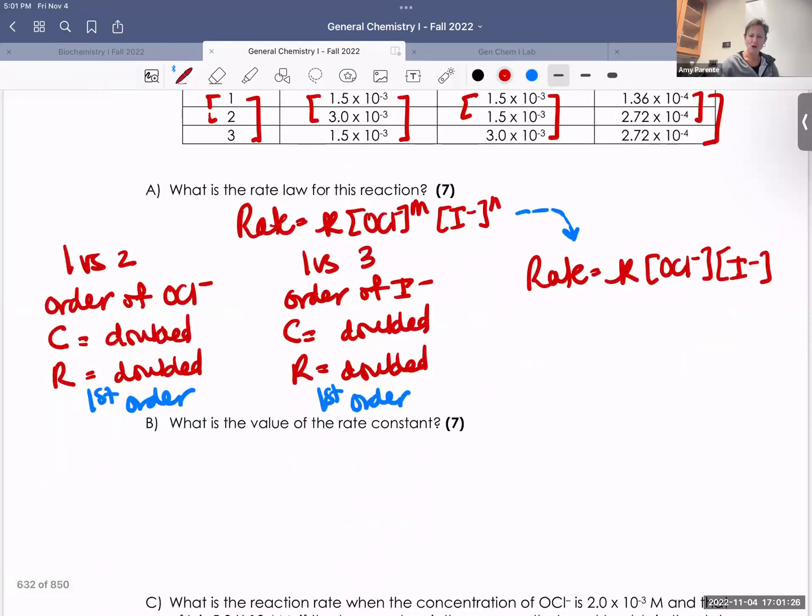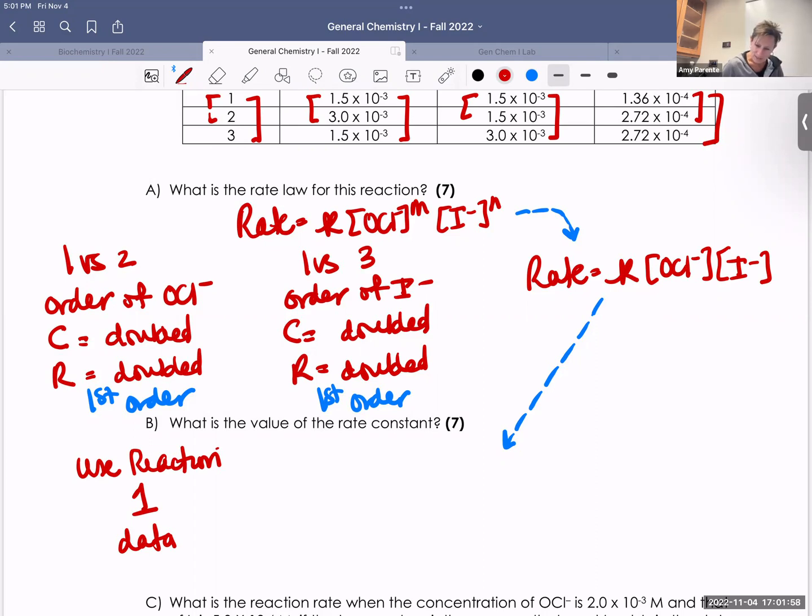Now, once we know our specific rate law, where we now know those reaction orders, we're going to solve it for k, and we can use any of the experimental data. So I'm going to use reaction 1 here. You can use any of the reaction data, but by using data from reaction 1, I'm going to solve my rate law for k.